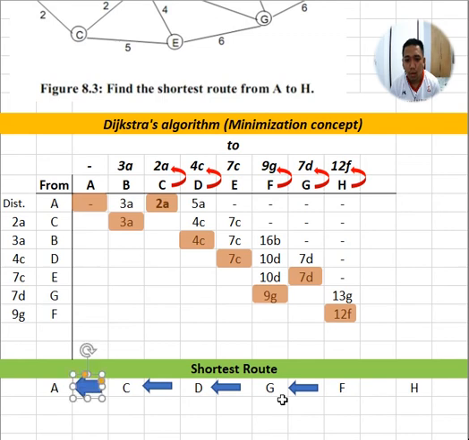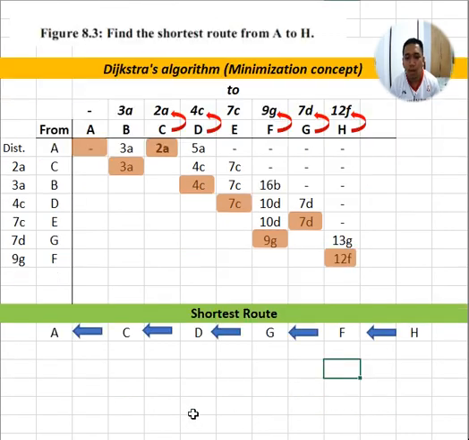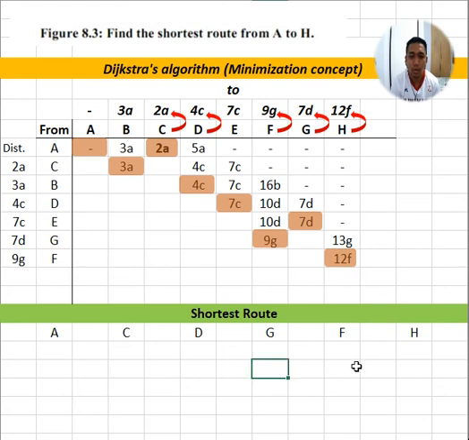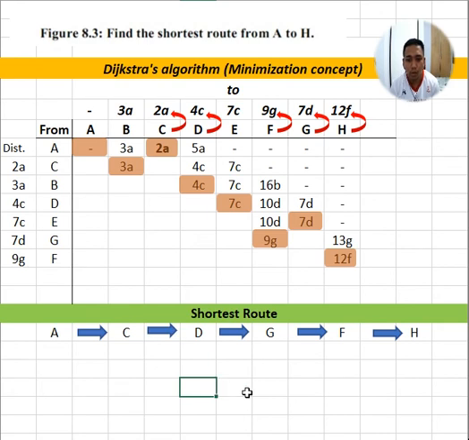Yan. Kinuha natin siya using Dijkstra's algorithm na pabalik. Ibig sabihin, we could consider that to get the shortest route, the shortest route is A to C to D to G to F to H. Yan daw ang ating shortest route.